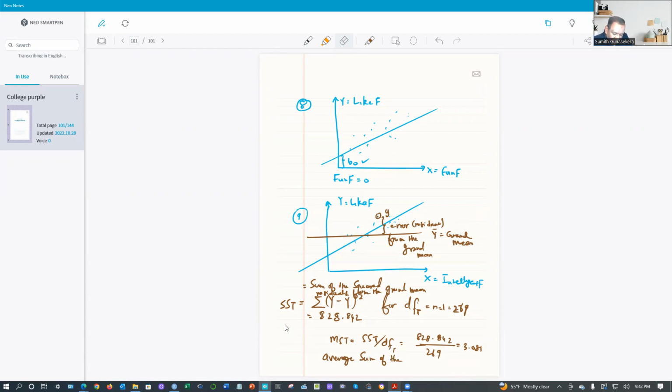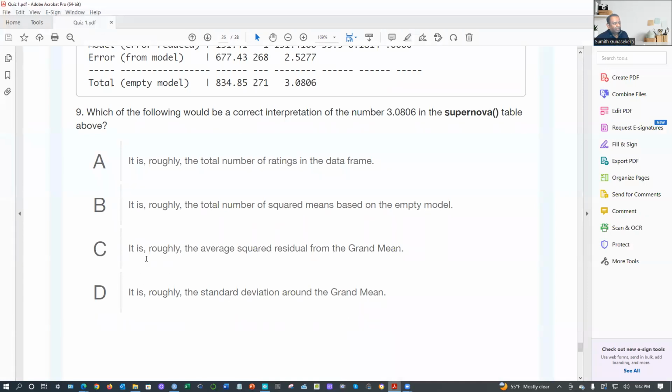You don't have to say sum, because the sum has been absorbed into the mean. Average squared residual from the grand mean.